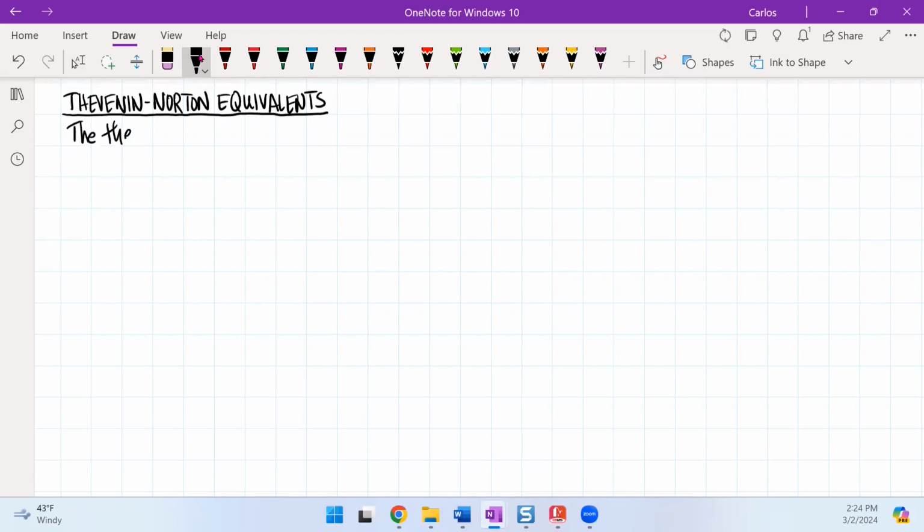The theorem is fairly straightforward when written down.